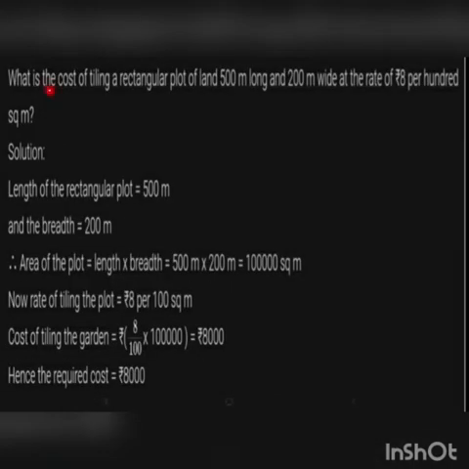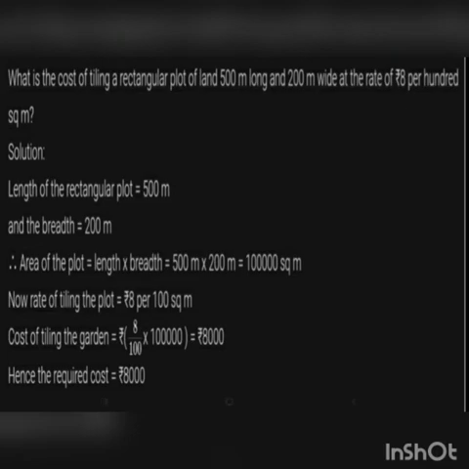What is the cost of tiling a rectangular plot of land 500 meter long and 200 meter wide at the rate of rupees 8 per 100? That means they are not asking you what to find, but instead they are giving a clue. They have to tile the rectangular plot. Tiling means we cover all the area.